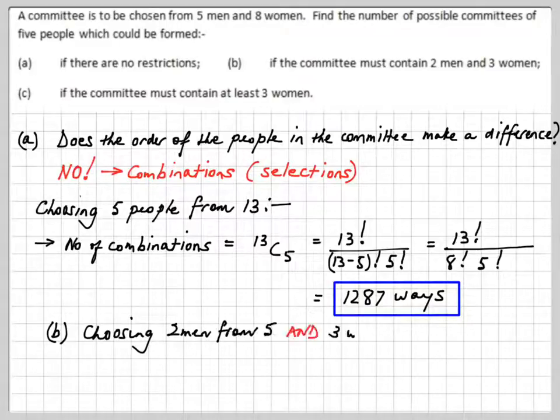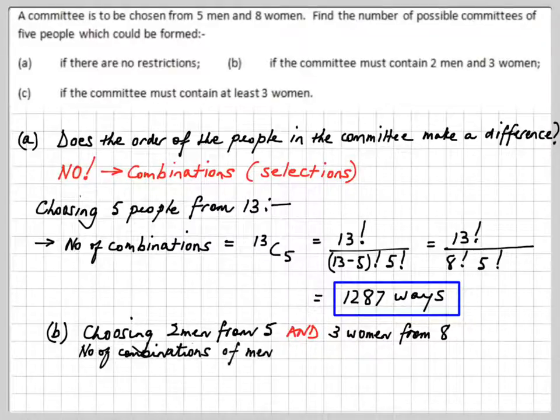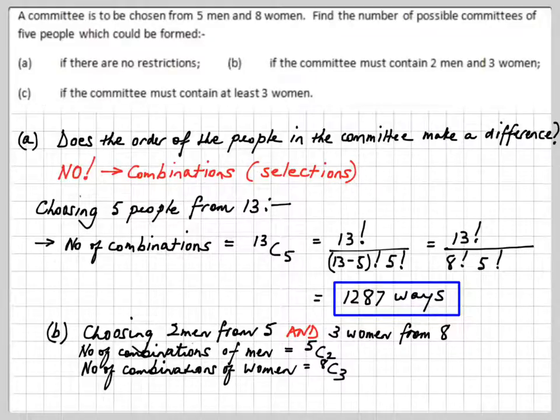So if we're choosing 2 men from 5 and 3 women from 8, let's do the men first. Number of combinations of men would be 5C2, choosing 2 from 5, and the number of combinations of women would be 8C3, choosing 3 from 8.